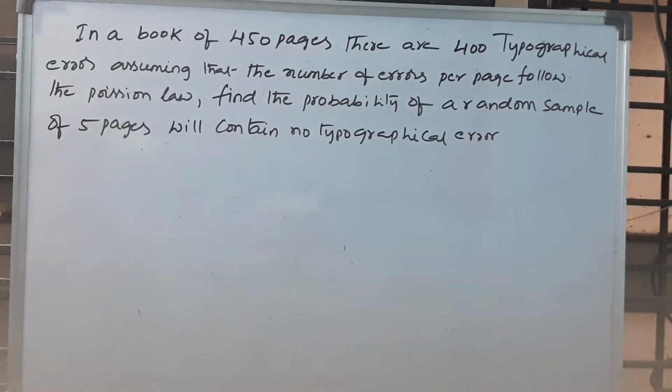See, in a book of 450 pages, there are 400 typographical errors. Assuming that the number of errors per page follow the Poisson rule, find the probability of a random sample of 5 pages will contain no typographical error.